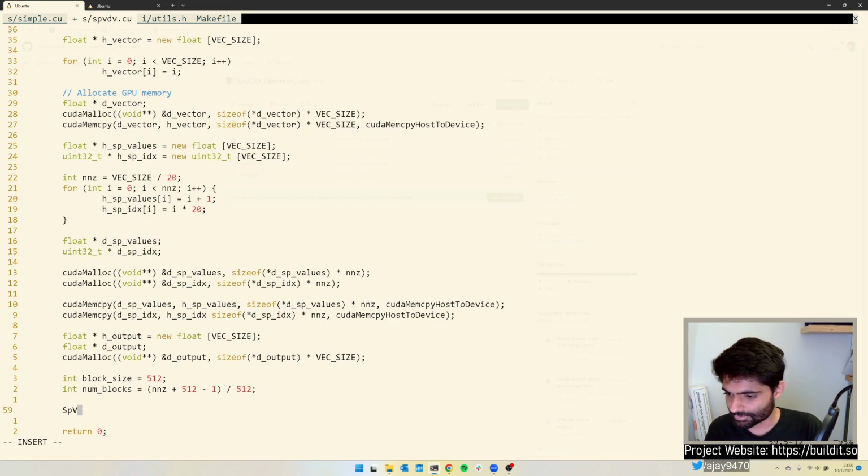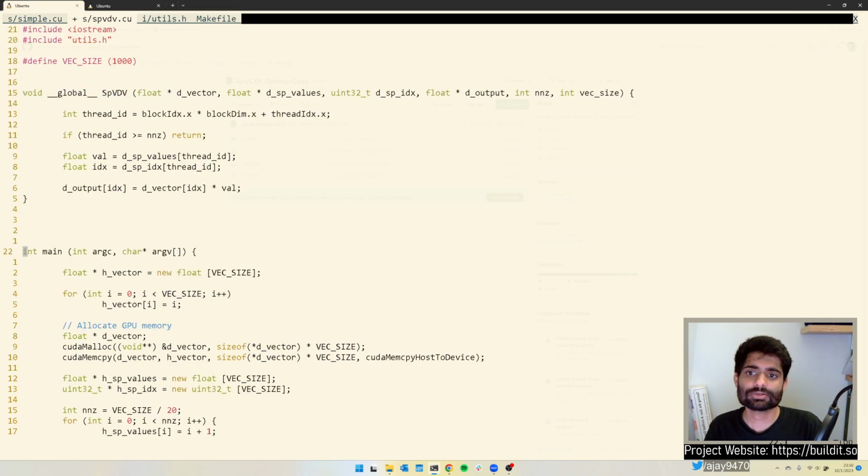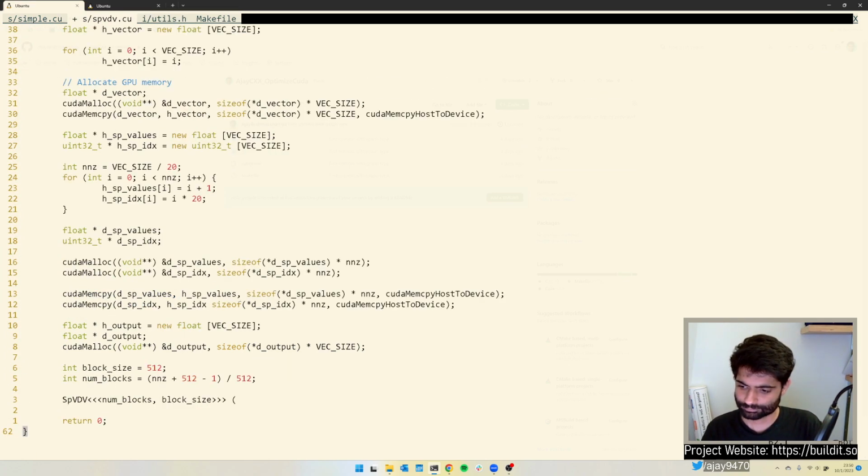So spvdv. What are the parameters? Vectors, path values.